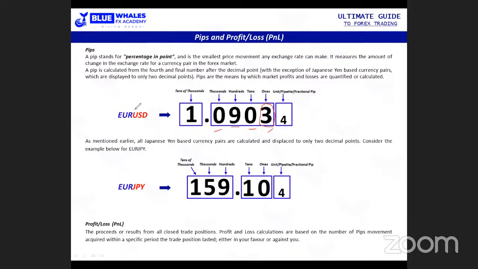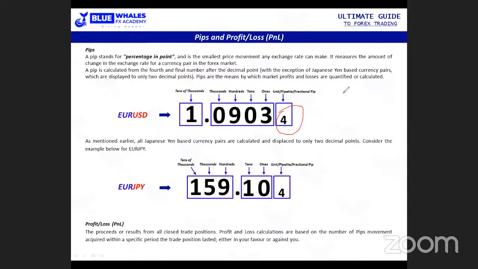And in this case, we are looking at Euro USD. So we can see another number here, which is very small. It is called the unit, or pipette, or the fractional.